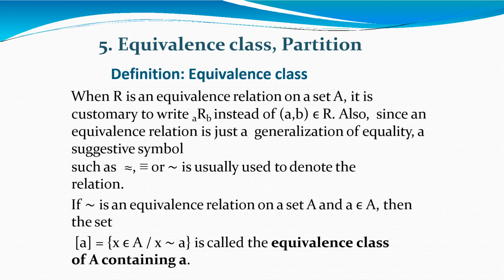Now an equivalence relation is nothing but a relation which is reflexive, symmetric and transitive on a set, that we have seen already. Now see what is the meaning of equivalence class.